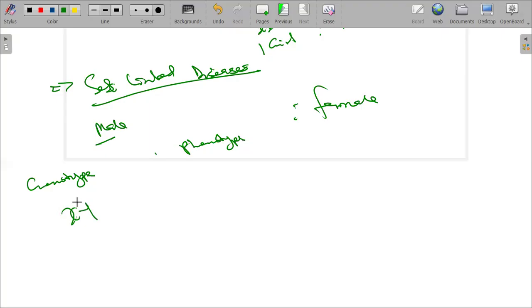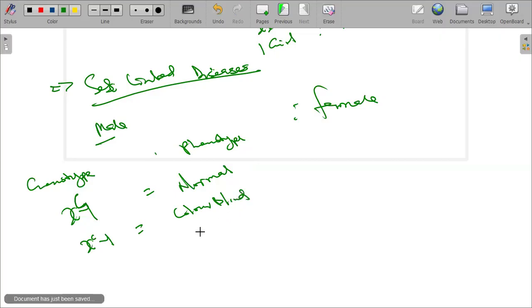If a man has a dominant C, I'm talking about color blind, this means the man is normal. However, if it is X and the recessive c, this man is color blind. The man is color blind in that case.